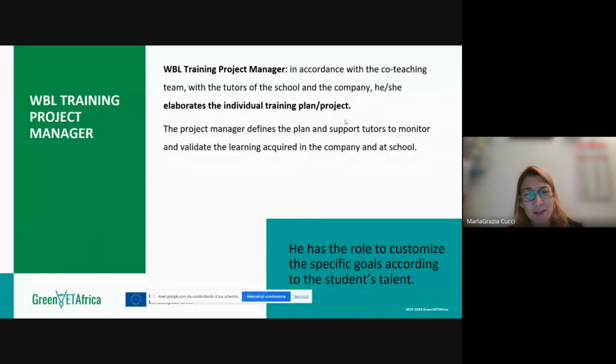If each student has different talents, of course, the path inside the company has to be adapted to the student, starting from the point that there is a specific job description, and then we have to try to adapt what the school gives to the student, what the student is, his talent, and what the company asks for that specific role.